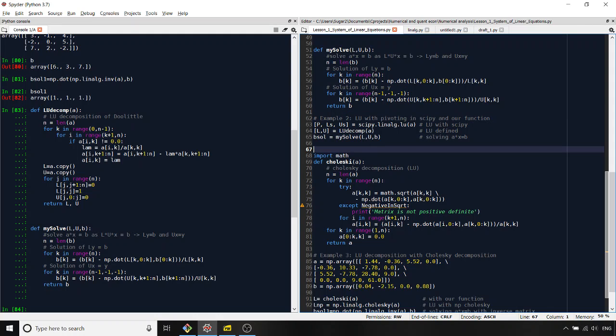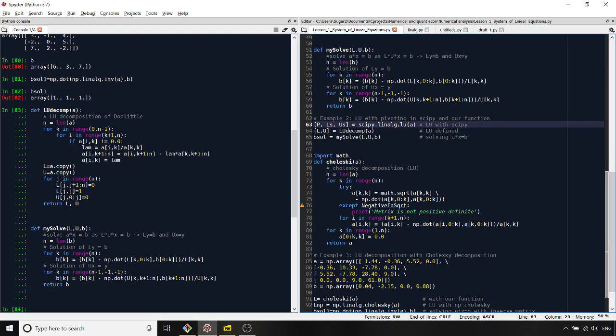There is a built-in SciPy Python package, SciPy's built-in lower and upper triangular decomposition in SciPy's linear algebra module. And so we can decompose our A into lower and upper triangular matrices using this.